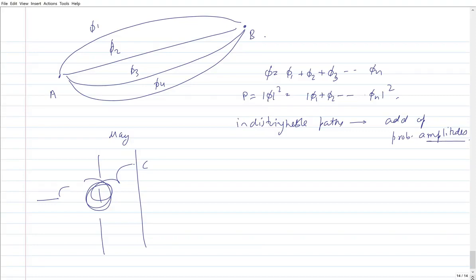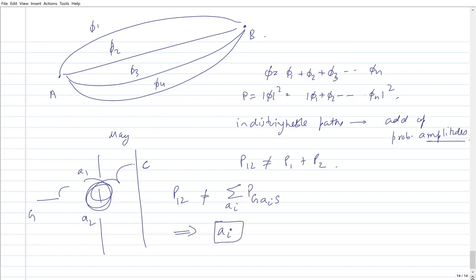And remember, we got to this conclusion by arguing that since P12 is not equal to P1 plus P2, I cannot have the total probability from going from the electron gun to one of the slits towards any point C. So my total probability is not going to be equal to this, and this implied that the value of AI does not have a definite value.